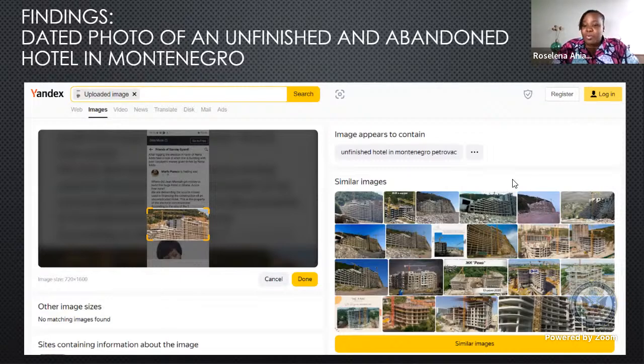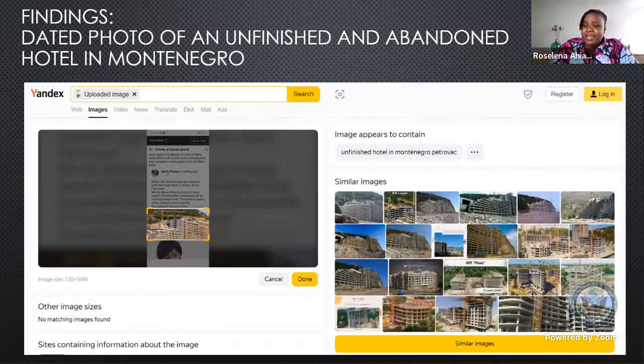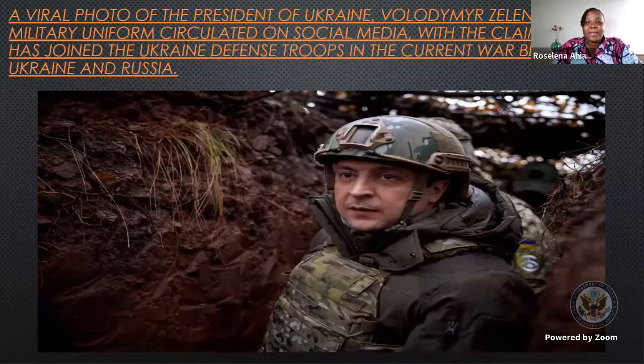So from that point we proceeded to check unfinished hotels online in Montenegro, and we were able to see that it's actually the same as is being suggested to belong to the lady in question. We reached out to authorities to find out if indeed this is the case, and we were able to put across a very solid fact check on the matter.